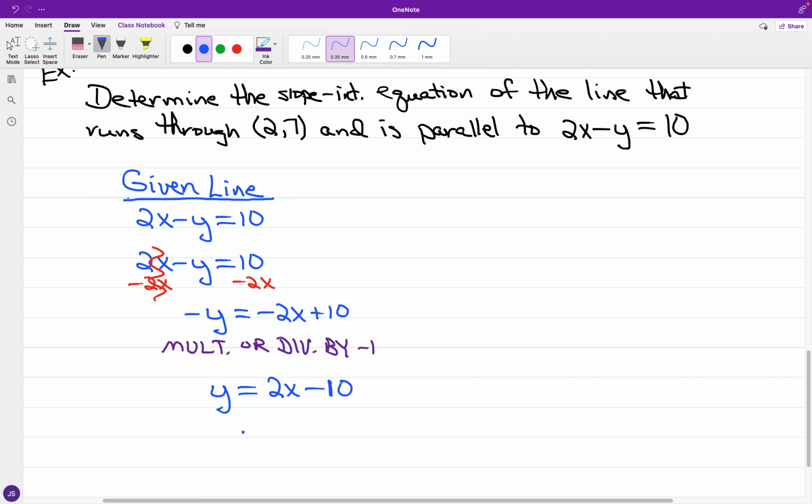So the slope value is going to be a positive 2. All right. Now we're looking for the slope-intercept equation of the line that's going to run parallel.